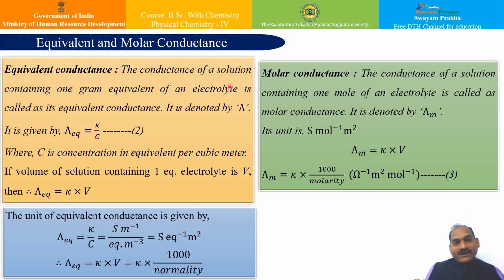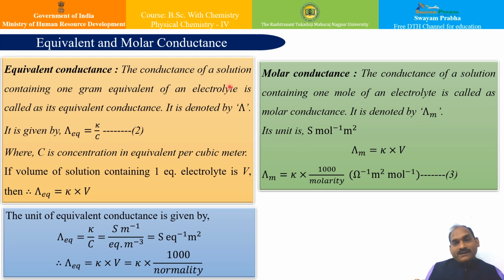Basically, the equivalent conductance can be used to compare the change in conductance due to the addition of unit charge on each ion of the solute. Let us take an example of one equivalent mass of an electrolyte in volume V of the solution, an arbitrary volume.